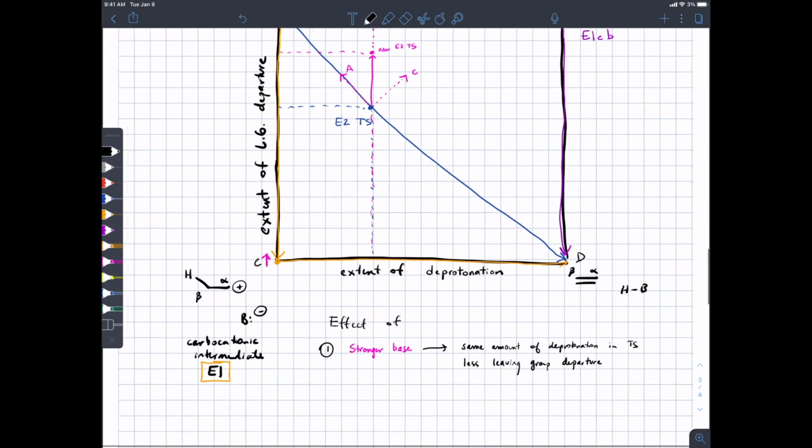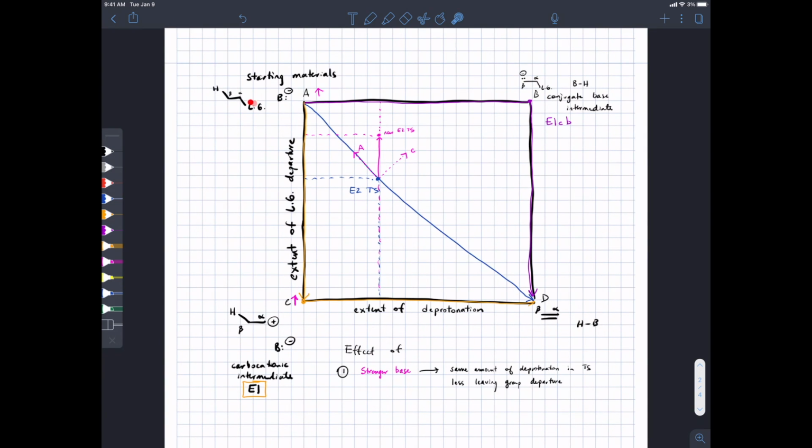And to some extent that makes sense. A stronger base won't need the leaving group to depart so much before it can remove this proton. Because remember, as the leaving group departs and we get a buildup of positive charge here, that lowers the pKa of the beta proton. And so if the base is stronger, we don't need such a lowering of the proton's pKa. All right, you follow through that reasoning?